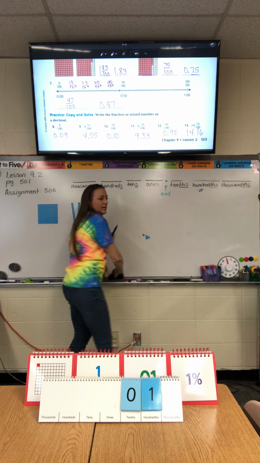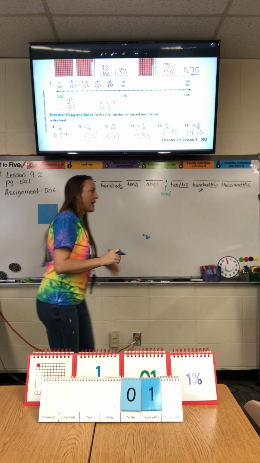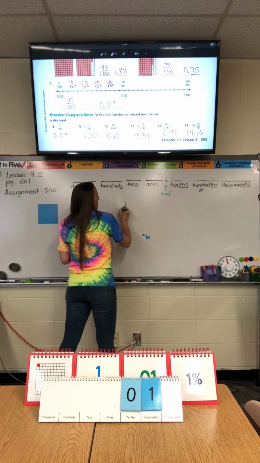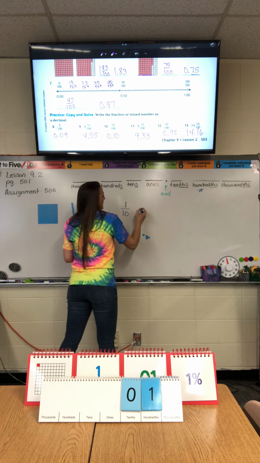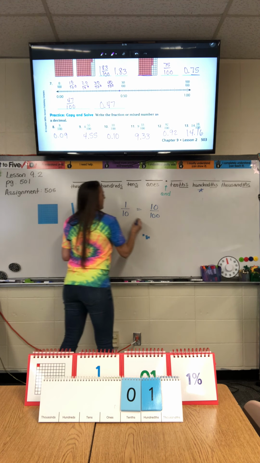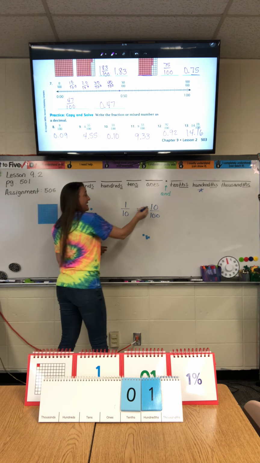So that's just to kind of give you a comparison, because I know this is a little bit trickier. Also, keep in mind equivalent fractions. So when we had 1/10 is equivalent to 10 hundredths, because you can multiply, what can you multiply 1 by to get 10?